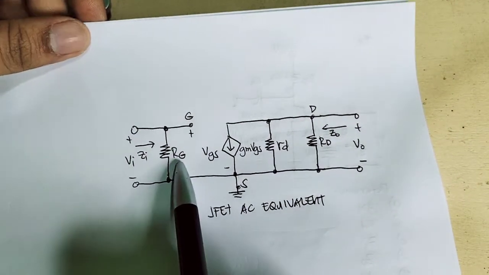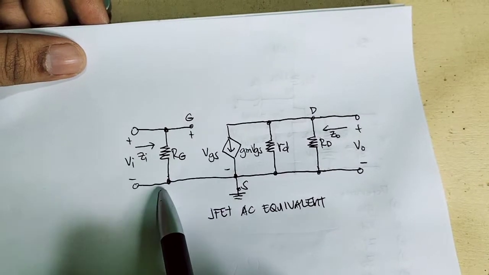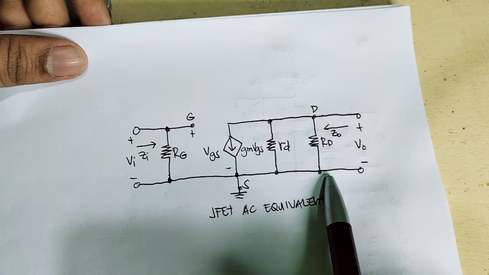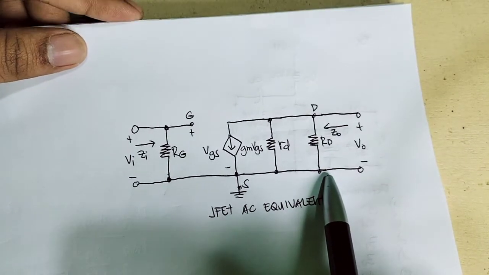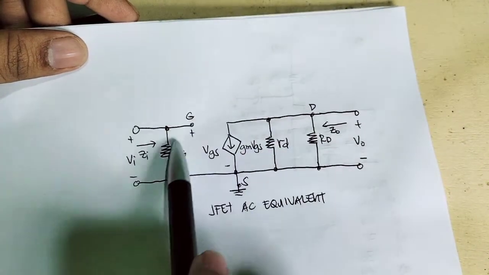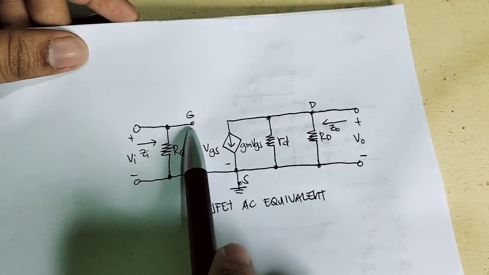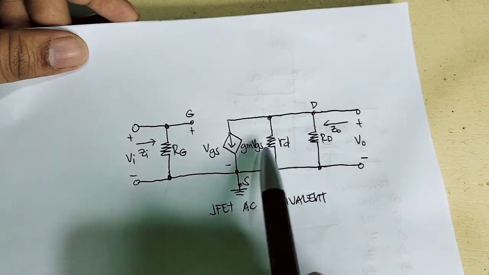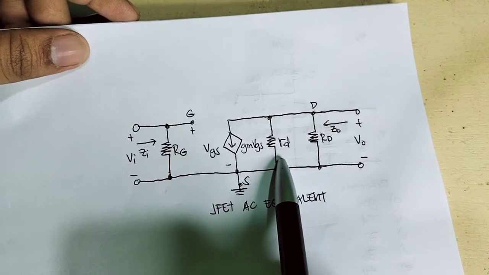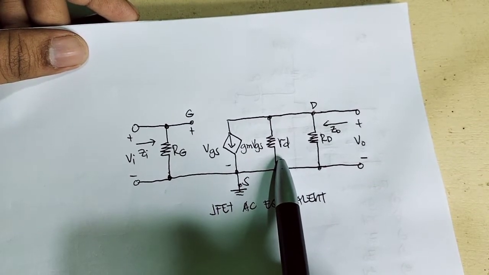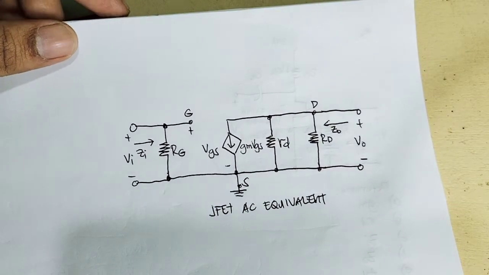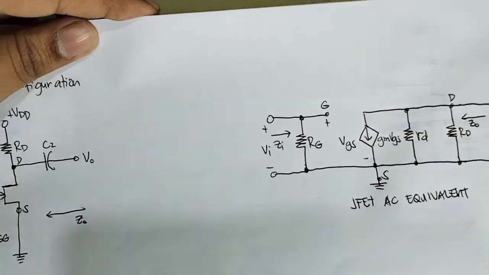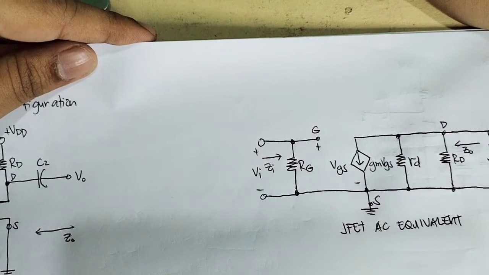As you can see, R G is now connected to the ground, and then the R D is also connected to the ground terminal. So applying the AC equivalent, we have the input voltage V GS and the current source, and we also apply the internal resistance of the JFET r sub d, the same as the BJT AC equivalent circuit or the re model.